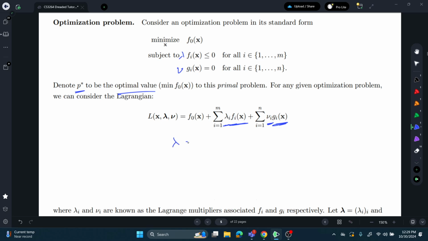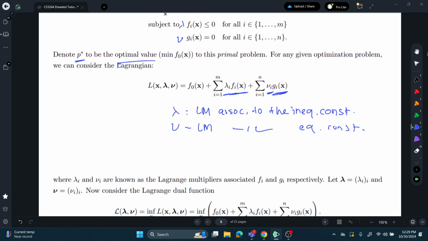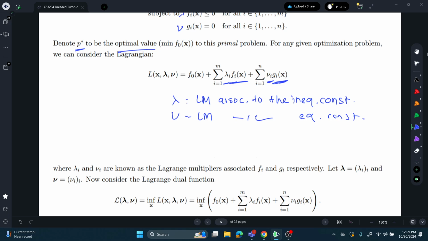This lambda is your Lagrangian multiplier associated with the inequality constraint, whereas your nu is your Lagrangian multiplier associated with the equality constraint. So lambda and nu are what we call the Lagrangian multipliers, whereas the factors are the Lagrange multiplier factors. These factors will in the end form what we call our dual variables. Questions? These will be our dual variables.